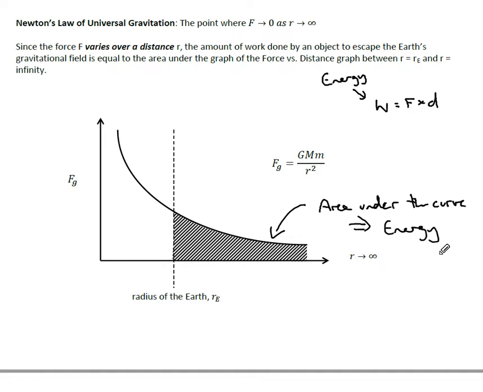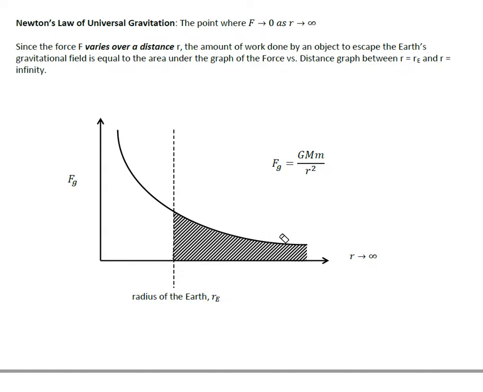That's actually a very complicated area. We can't just say, what's length times width? It's this smooth, continuous curve. So we'll actually give you the equation for energy, but for those that have already done a little bit of calculus, we can integrate our expression for energy.